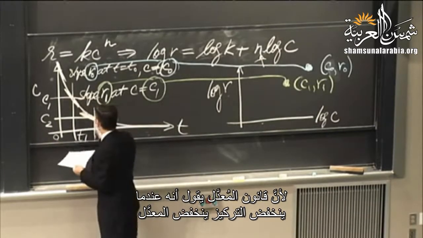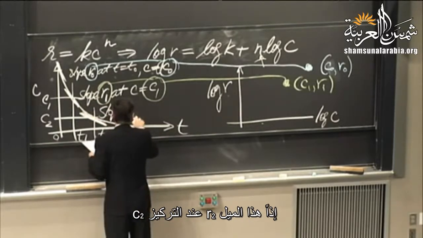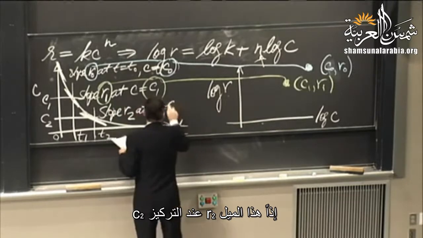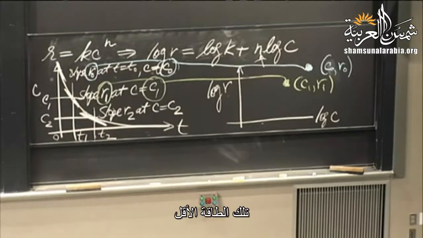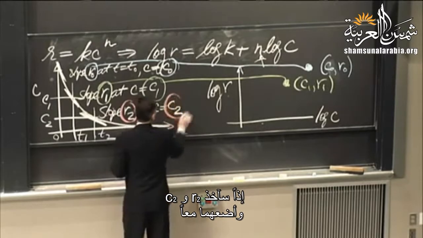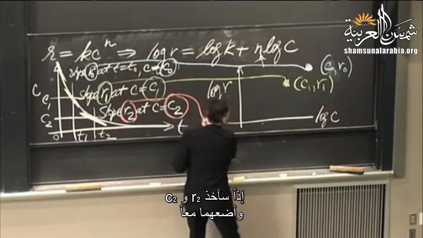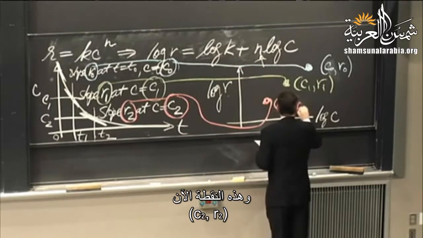Because the rate law says the concentration falls, the rate falls. So this is slope R2 at C equals C2. That's lower energy. So I'll get the orange. Or maybe this is fuchsia. All right, so we'll take this one and this one, put these two together and bring them in like so. And this is now C2, R2.